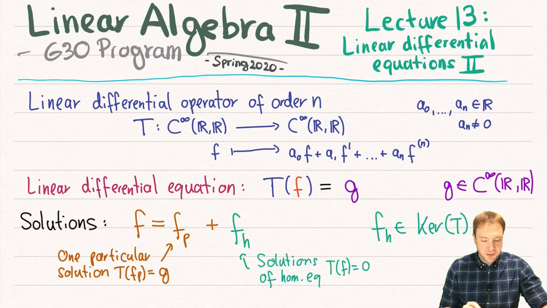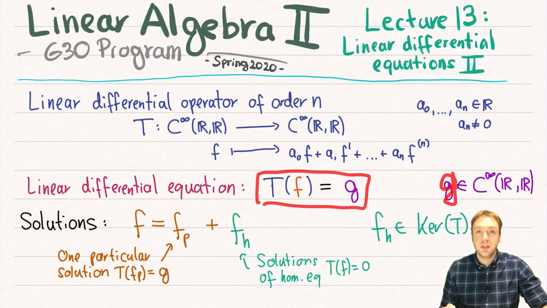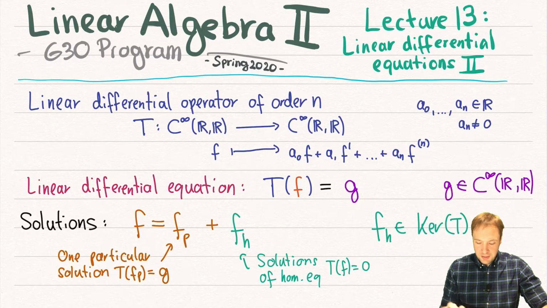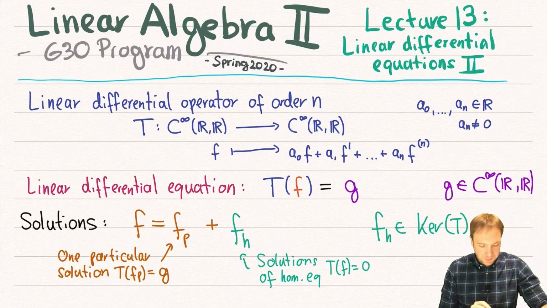And then a linear differential equation was an equation like this. So for a given function g, and for a given linear differential operator T, we ask which functions f satisfy this equation here. So if we apply this differential operator T to f, this gives g. And then we saw that to solve such a linear differential equation, we need to find one particular solution, one solution which satisfies this equation.